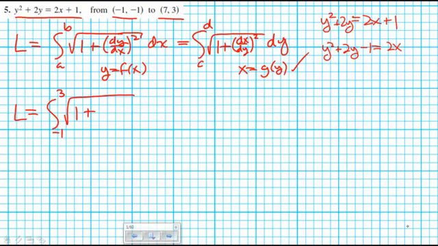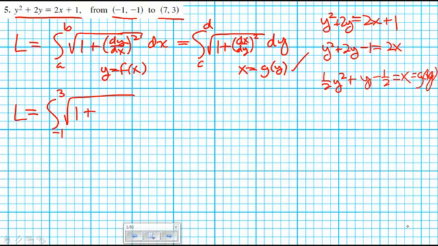Now I'm going to divide both sides by 2. That 2 goes away. Plus y minus 1/2 is equal to x, and that's what I'm declaring to be my function g of y.